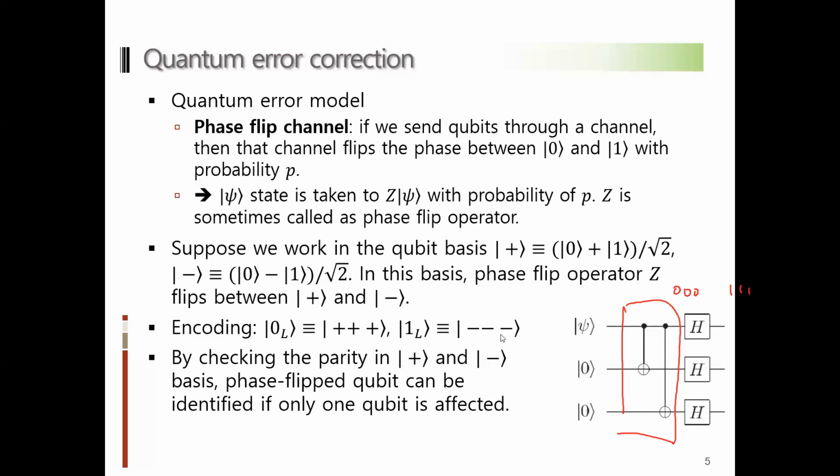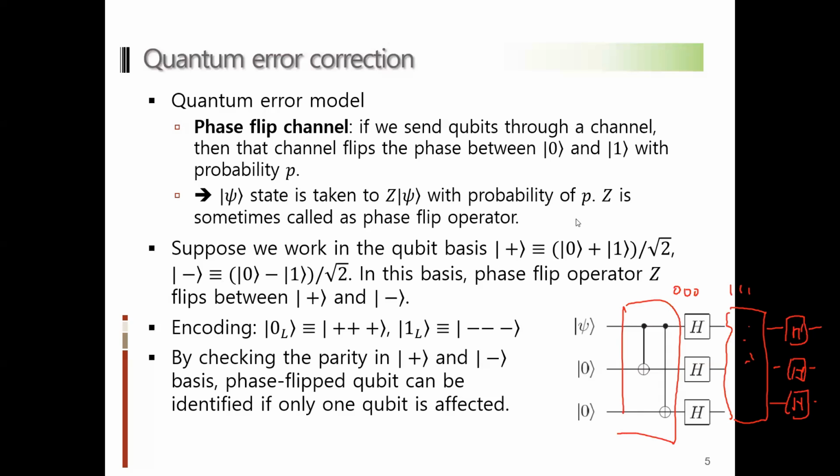Then there will be some operation, and there might be some error. At the end of the operation, if we convert back to the computational basis, all these plus or minus vectors will be converted back to 0 or 1.